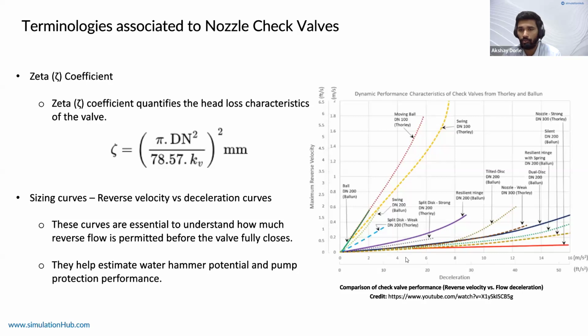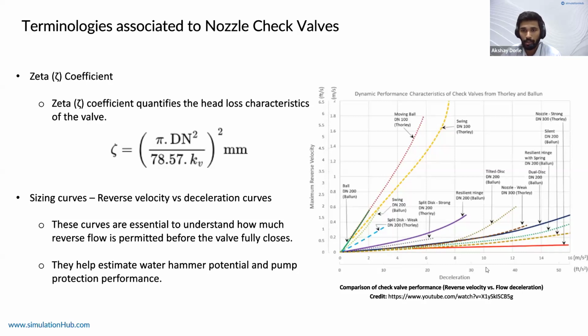choosing different check valves, and also within nozzle check valves, you can have different designs, and you can compare which fits the best. So essentially, you would like the valve or the nozzle check valve which reacts at the lowest critical velocity, or the lowest maximum reverse velocity. So it would be the red curve here, which is the nozzle strong DN300 Thorley.